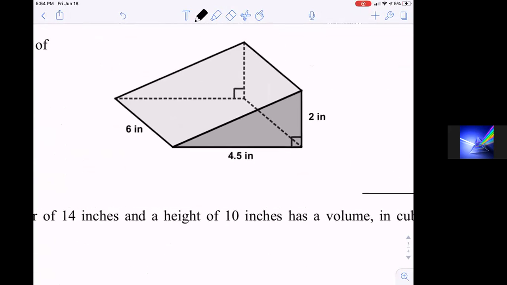So what we're going to do is take the area of this triangle that you see right here, and multiply it times that depth of 6 inches, which I guess represents the height in this problem.